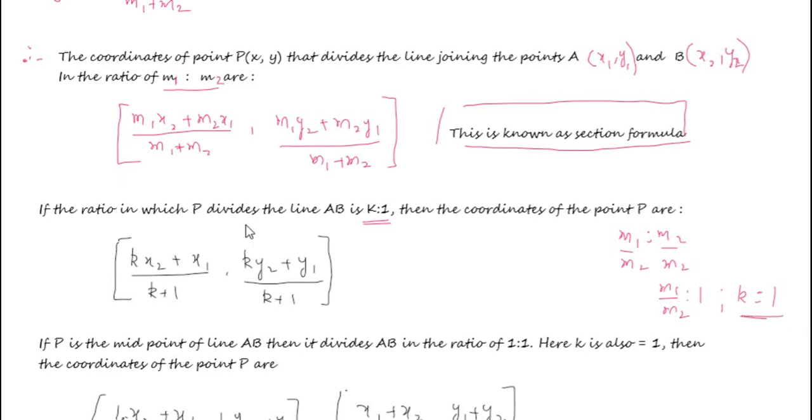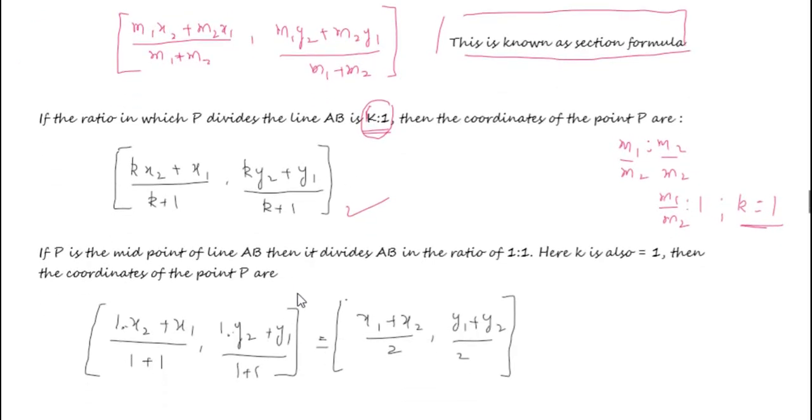So if the ratio in which P divides the line AB is k colon 1, with a small k, then the coordinates of the point P are k x2 plus x1 divided by k plus 1, k y2 plus y1 divided by k plus 1. This is a little simpler than the earlier formula. This is also known as section formula.